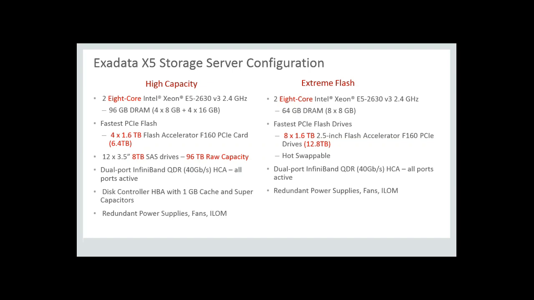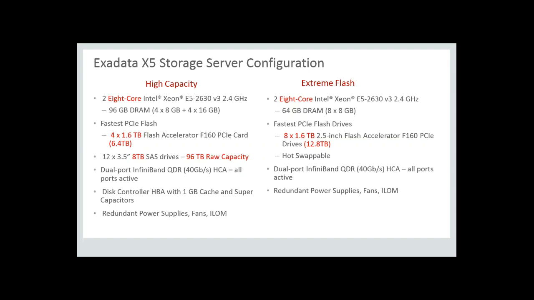In each server you are getting 8 flash drives of 1.6 terabyte each. That means in one storage server only, you are getting around 12.8 terabyte of storage. And this flash is hot swappable.